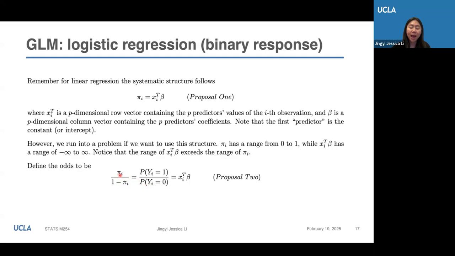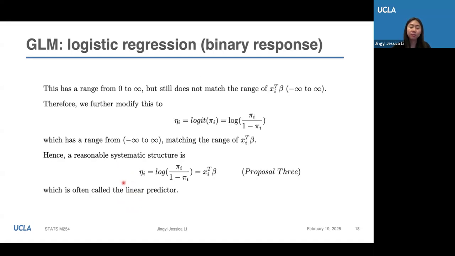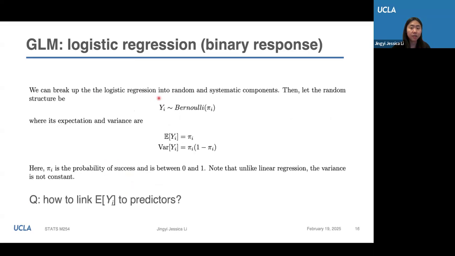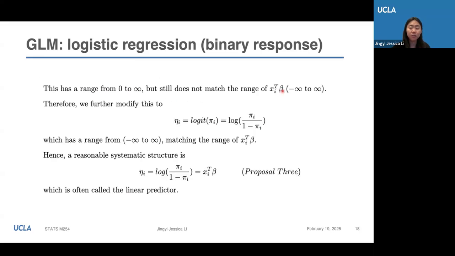So basically, when pi I is 0, it's 0. When pi I is 1, you have 1 over 0. That's positive infinity. So on the left-hand side, you are closer. You have 0 to infinity. The right-hand side can be negative infinity to positive infinity.